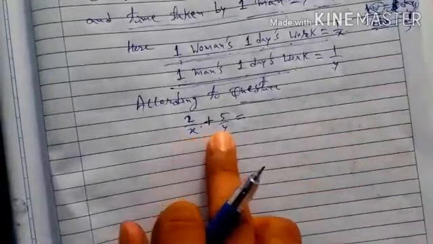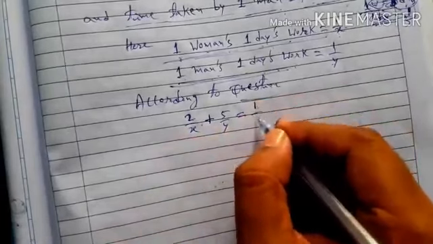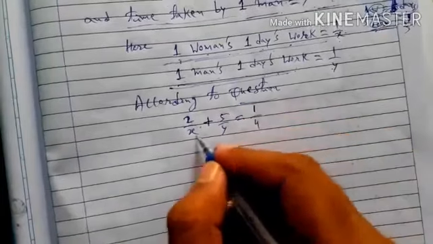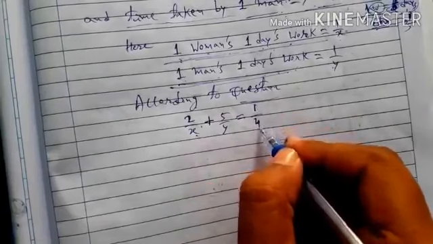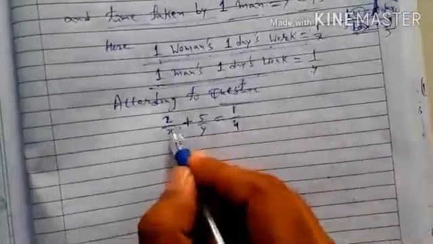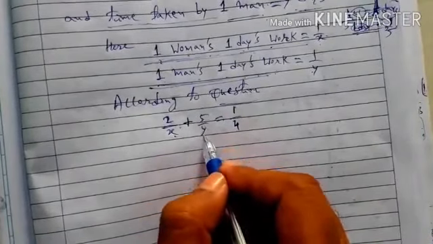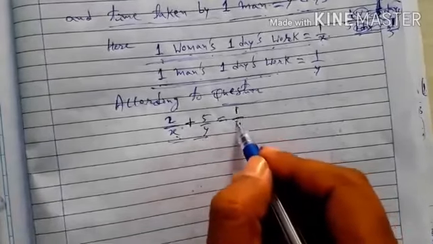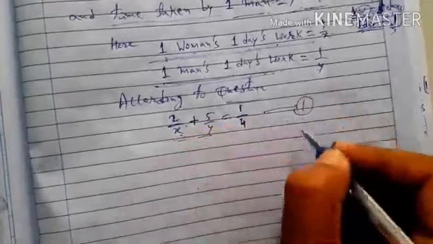Since they complete the work together in 4 days, their 1 day work together is 1/4. The number of days goes in the denominator, so 1/4. So 2 women's 1 day work plus 5 men's 1 day work together is 1/4, because they complete it in 4 days. So it is equation number 1.